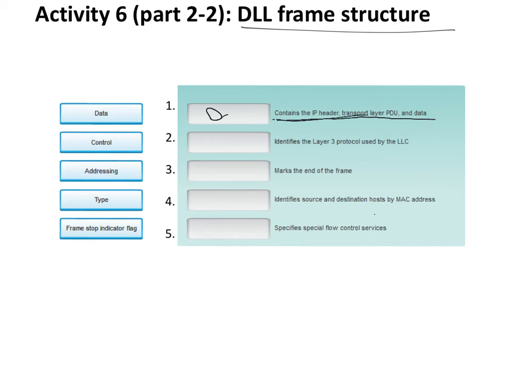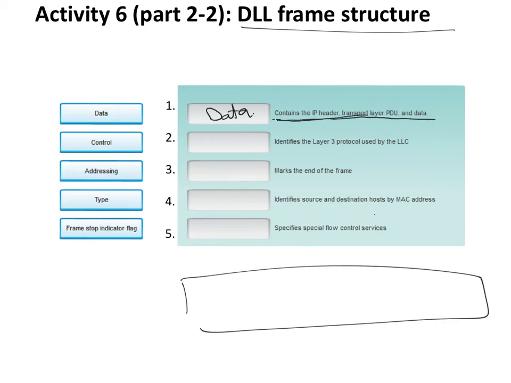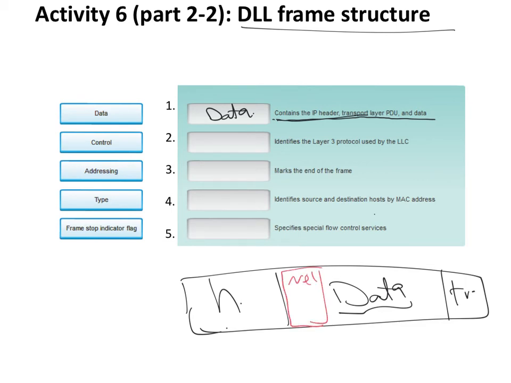Yeah, this is actually the data, because as we said before, the frame structure contains the header and the trailer, and in the middle there is data. But in fact, this data is the packet in the network layer, which contains the network header and the transport header and the actual application data.